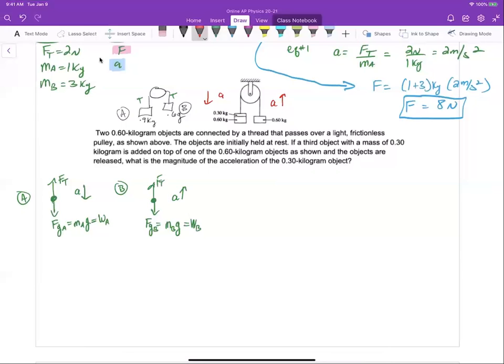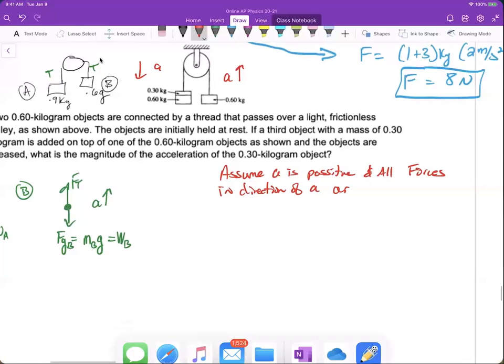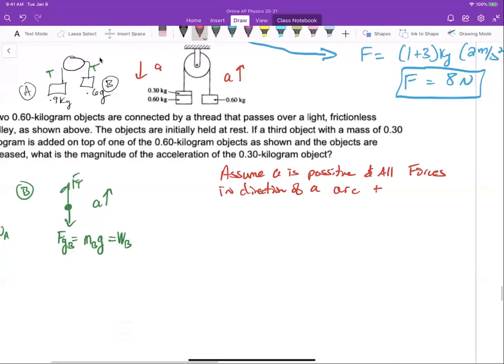Now, here's my rule. Assume A is positive, okay? And all forces in the direction of A are positive, okay?